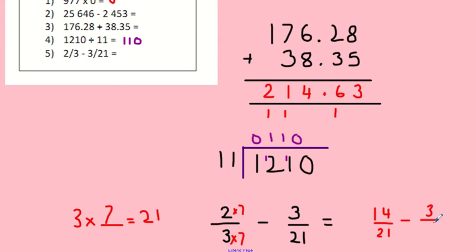Therefore, I do not need to change it. 14 subtract 3 is 11. And just like before, if the denominators are the same, they can stay the same for the answer. 11/21. Can I simplify? You're right, we cannot simplify this fraction. Can you tell me why?